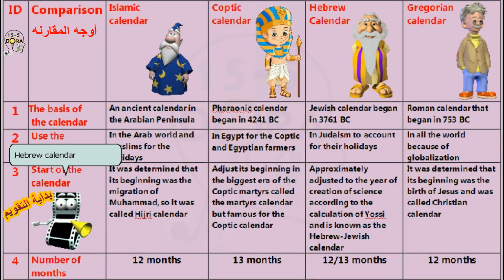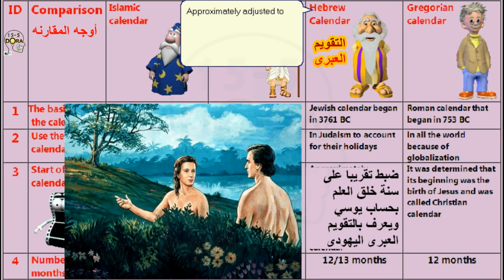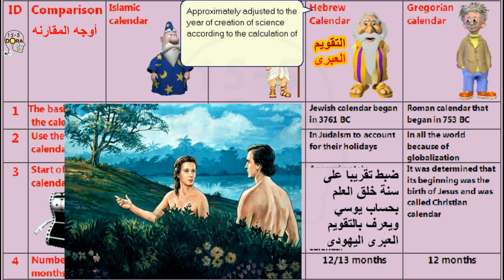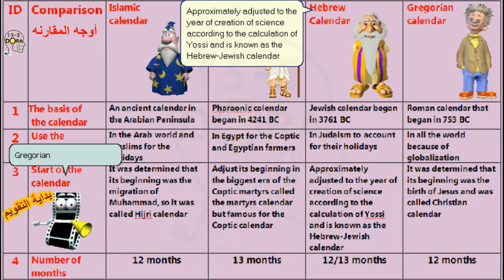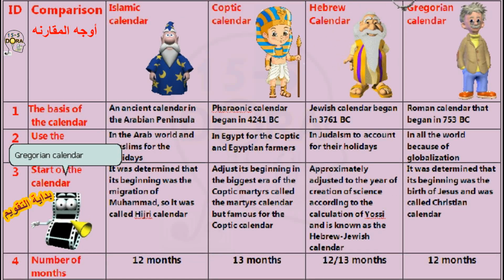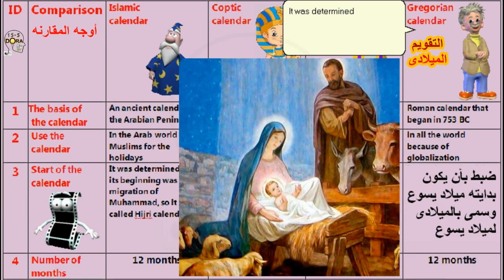Hebrew calendar: approximately adjusted to the year of creation of the world according to calculation, and is known as the Hebrew Jewish calendar. Gregorian calendar: it was determined that its beginning was the birth of Jesus, and it was called the Christian calendar.